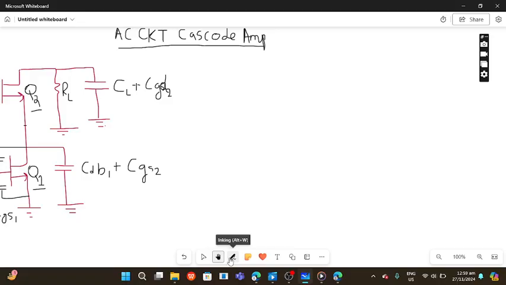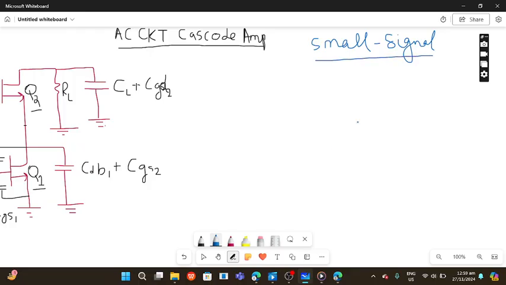Now I will draw the small signal model, because you can get many types of questions to draw its small signal model, and you must have good practice of it. So first I will deal with the T model.